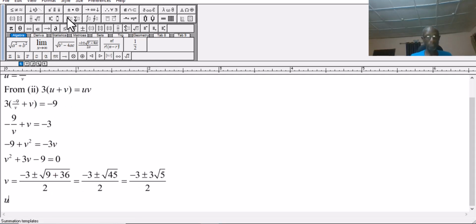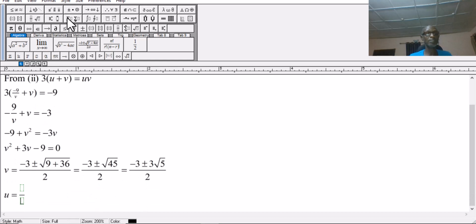So we've gotten the value for your v, you can easily get the value for your u. Remember from the linear equation, our u is minus 9 over whatever is here.